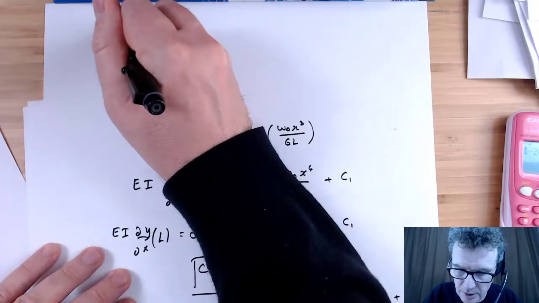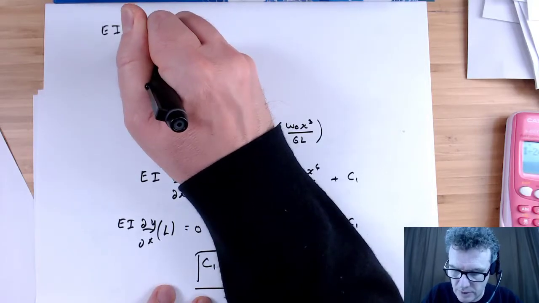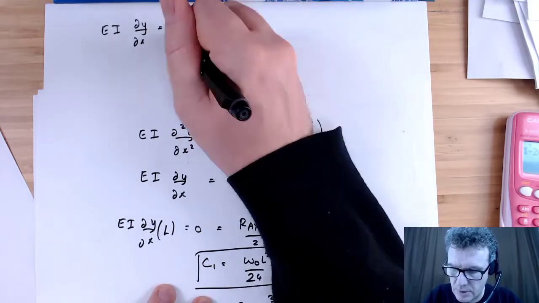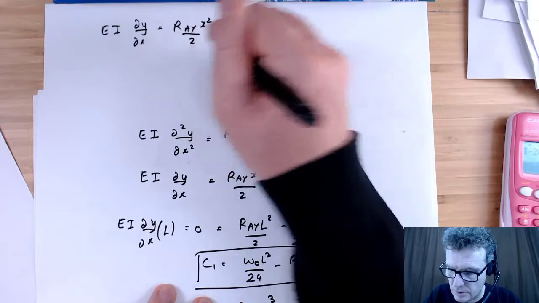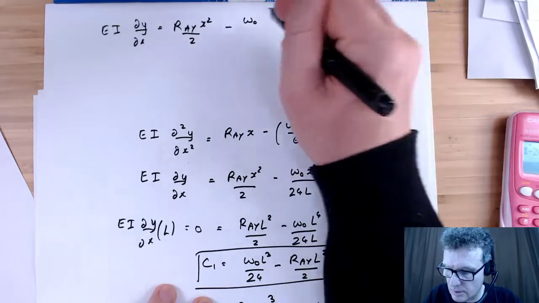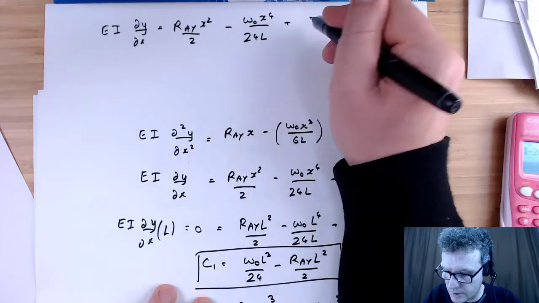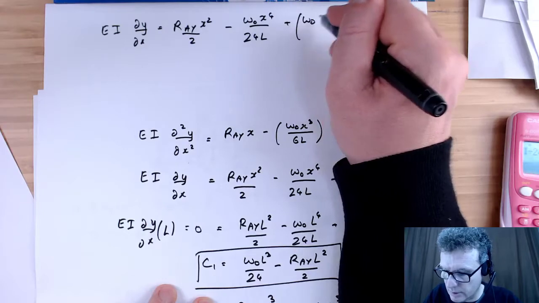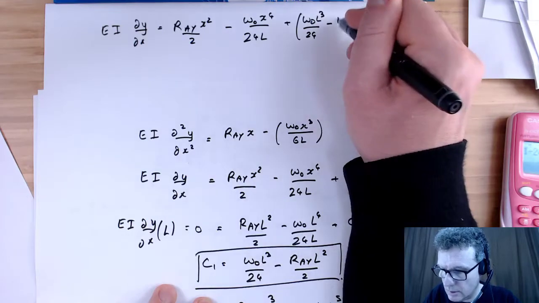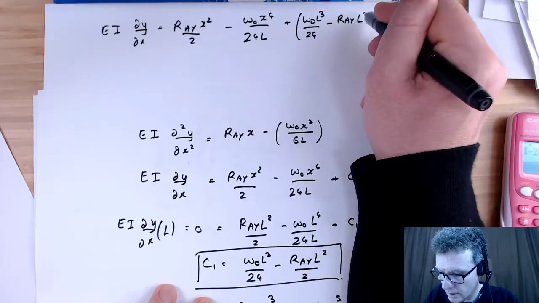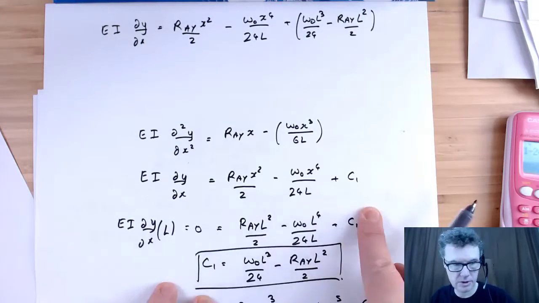So EI delta y over delta x equals RAY x squared over 2, take away W0 x to the power 4 over 24, plus C1, which is W0 L to the power 3 over 24, take away RAY L squared over 2. Okay, so that's that equation there.